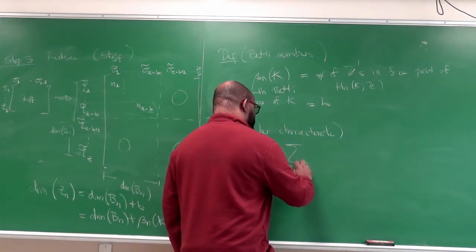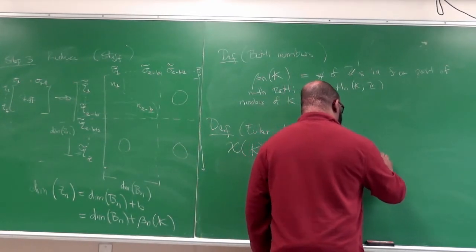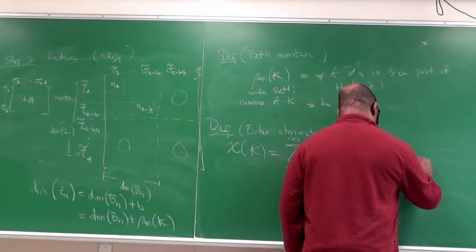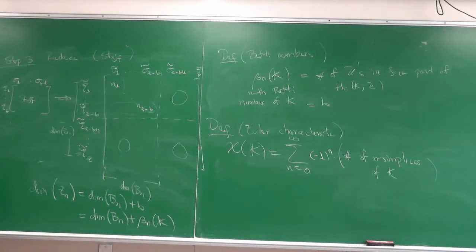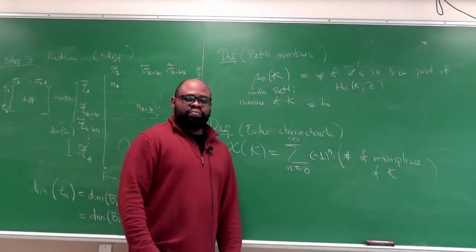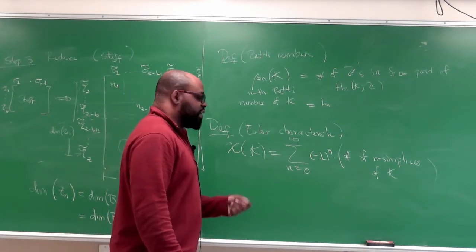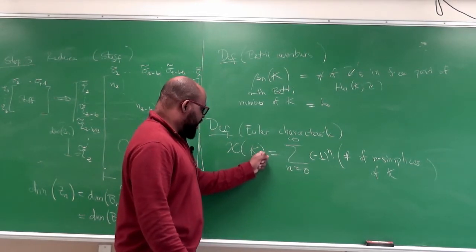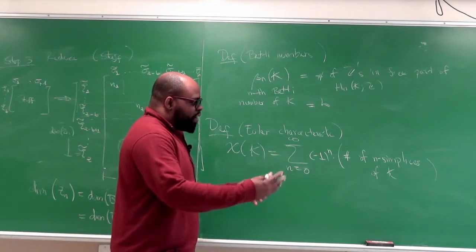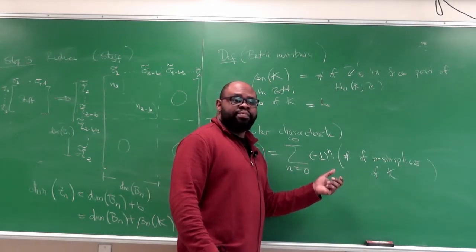We just say the sum of minus 1 to the n times the number of n-simplices. Before we had something that was just two-dimensional, and that's why we only had vertices, edges, and faces. But now we've seen that we can create complexes with a lot of n-dimensional simplices. So we just take the alternating sum of counting them, and that is the Euler characteristic.